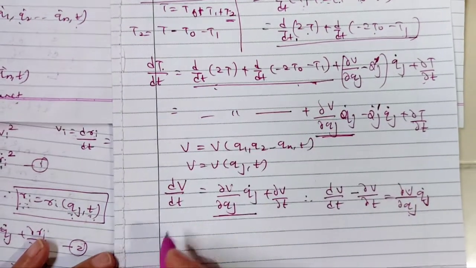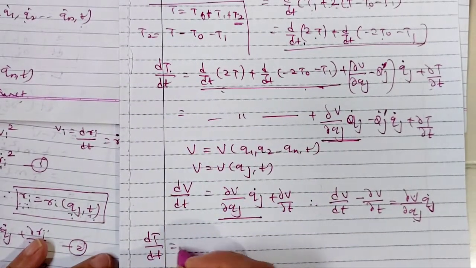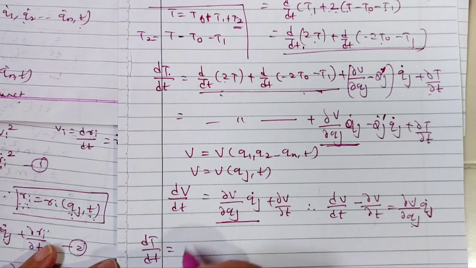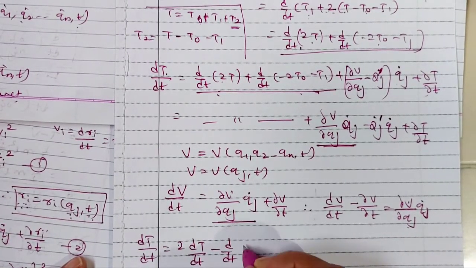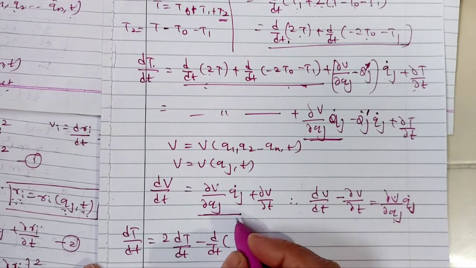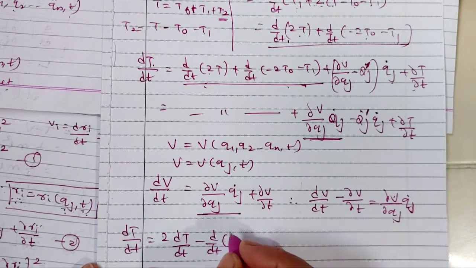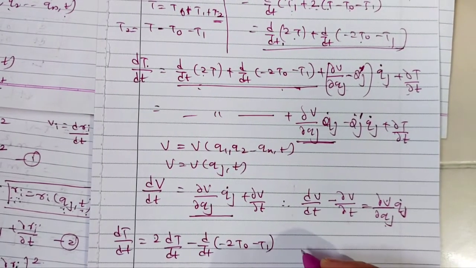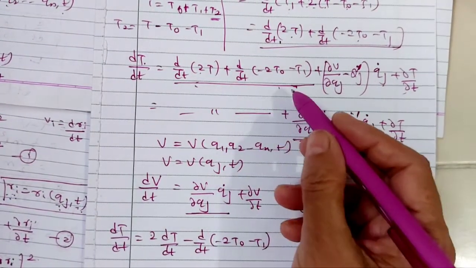So this term will become: dT/dt is 2 ∂T/∂t (2 is constant, obviously) minus d/dt of minus 2T0 minus T1, because it was minus, minus, plus.